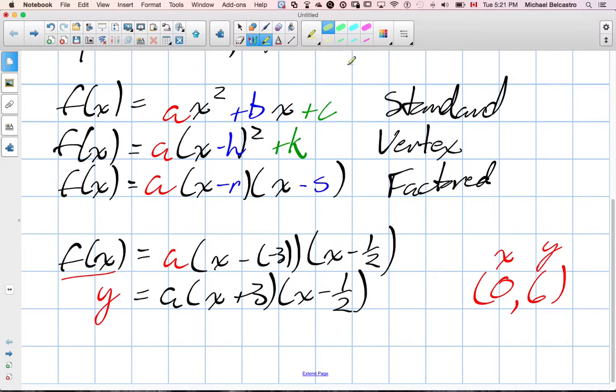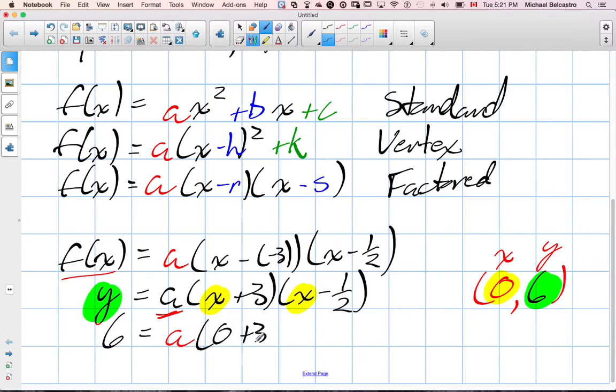So what we're going to do now is replace both of the x's in the equation with that 0, and we're going to replace the y in the equation, or the f of x, with 6. And that will leave us just one variable, which is the a, so we can then isolate for a. Okay, so we replace y with 6 is equal to, a is still unknown. The x is 0, so 0 plus 3, 0 minus 1/2.